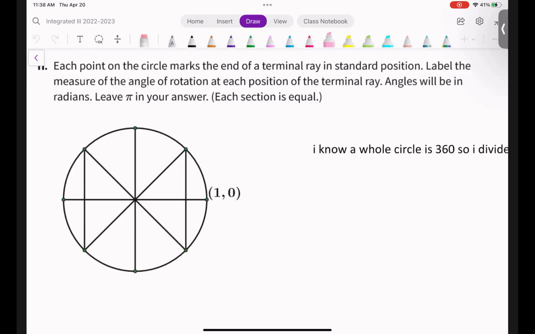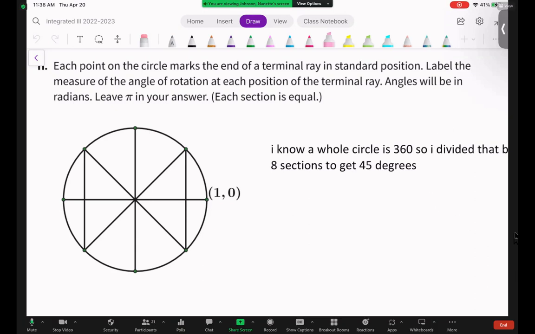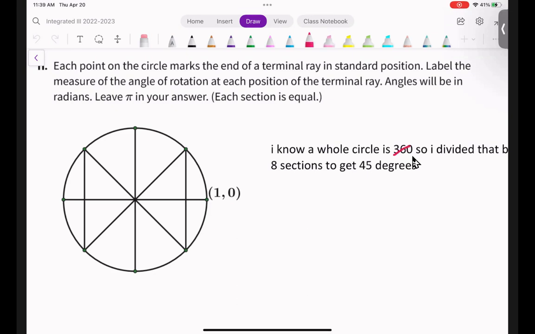Instead of saying a whole circle is 360, I'm going to say a whole circle is 2 pi.